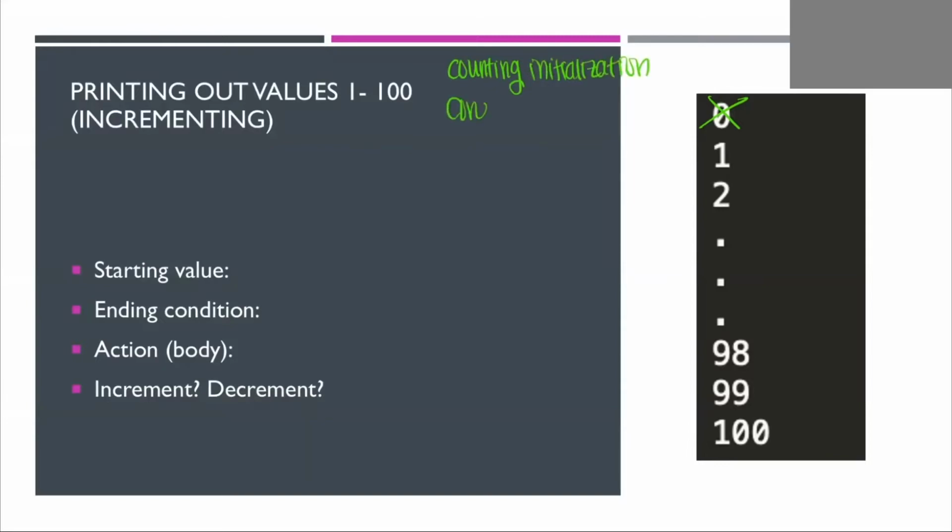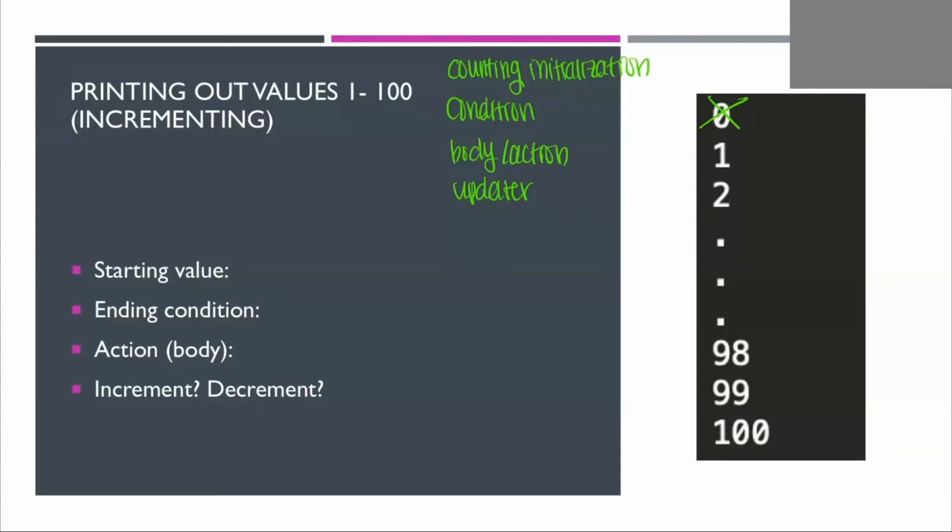Then we had our condition. Then we had our body or action. And then we had an updater, our incrementer or decrementer, which we'll talk about in just a moment. Another way to think about each of these is: what's your starting value, what's your ending condition, action, increment or decrement. We're going to fill these out one at a time before writing out the code.